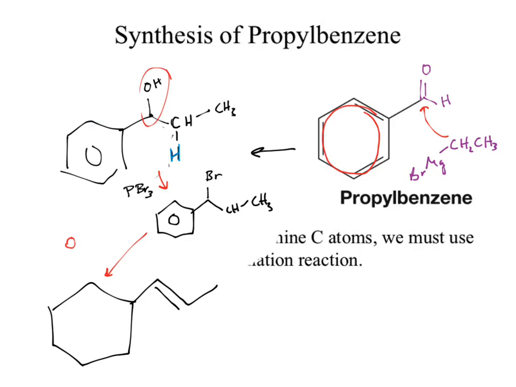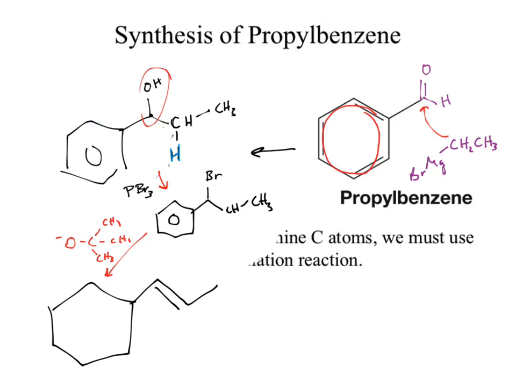A nucleophile would just take us right backwards. We don't want it to do that. So we want something that is a strong negative that is non-nucleophilic, like t-butoxide. Okay. T-butoxide would now get us to this elimination product.